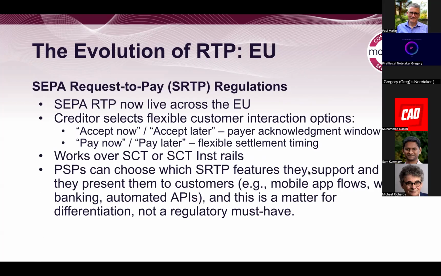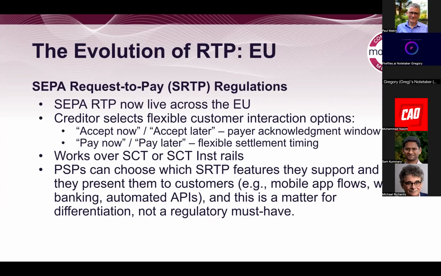In the EU, SEPA request to pay is now live across the EU, and they've extended it to add the extra functionality of accept now or accept later for the payee, and pay now, pay later.